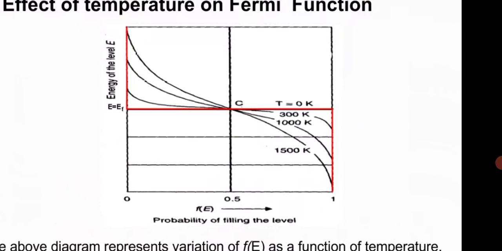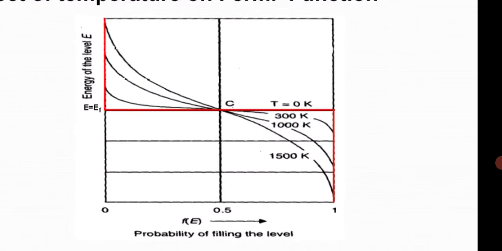Now, the effect of temperature on the Fermi energy level. In this diagram, we see the probability of filling the level against the energy of the level, with the temperature graphs. At 0 degrees Kelvin, it is exactly at the center, so E is equal to EF, the Fermi energy level.